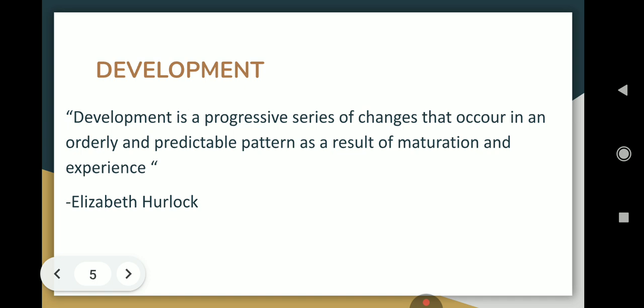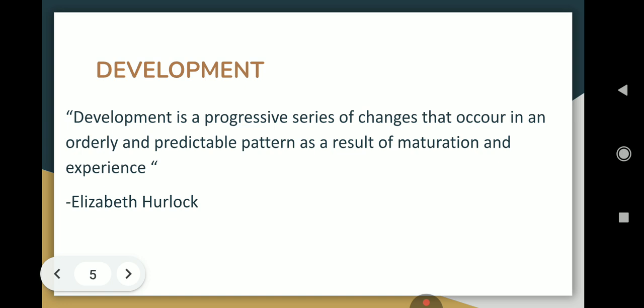And predictable means you can always predict it: childhood after infancy, adolescence after childhood. It is universal everywhere; this is the order, this is the pattern. That is what she means by predictable pattern.